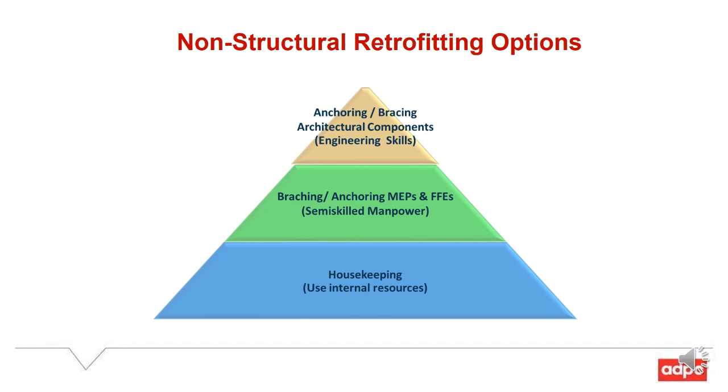For non-structural retrofitting, 40% of the non-structural items can be done using internal resources, just keeping the proper objects in proper places through housekeeping. The next step is bracing and anchoring mechanical, electrical and plumbing features and furniture, fixtures and equipment through semi-skilled manpower. Finally, with engineering skills, we may also need to anchor and brace architectural components.